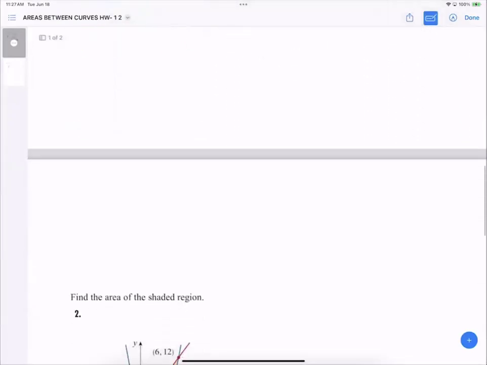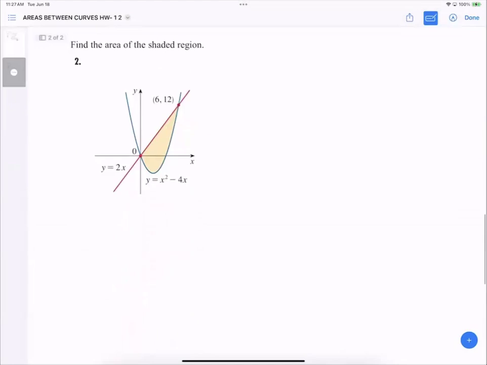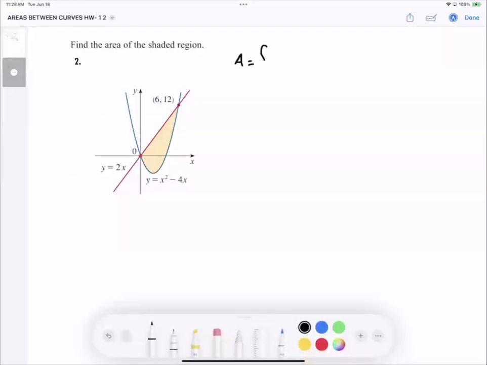So your next question is, find the area bounded between the parabola and line. As we learned, the area is the definite integral from a to b of the larger y value minus the smaller y value with respect to x.